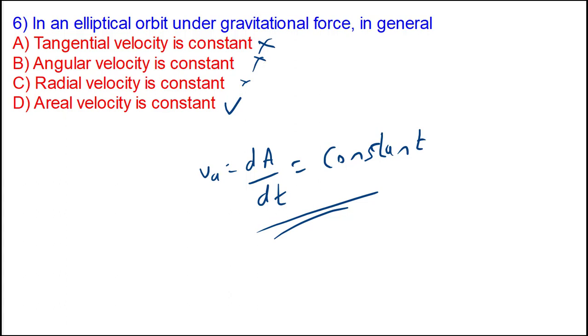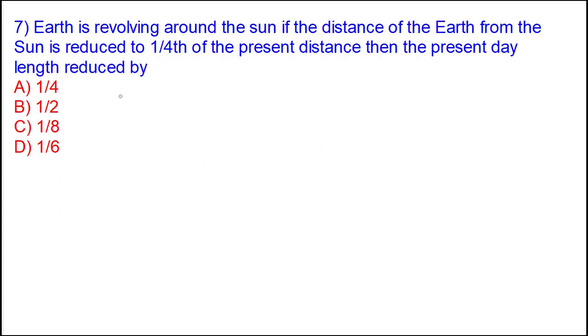Next we come to question number 7. Earth is revolving around the sun. If the distance of the earth from the sun is reduced to 1/4 of the present distance, then the present day length is reduced by how much? What we are given: let r be the previous distance of earth to sun.